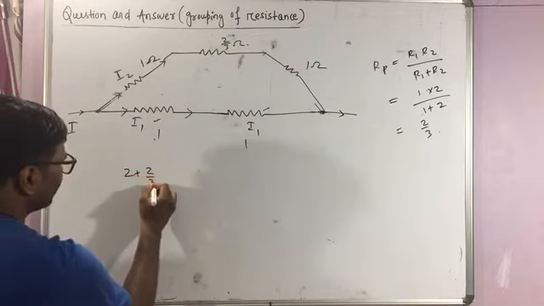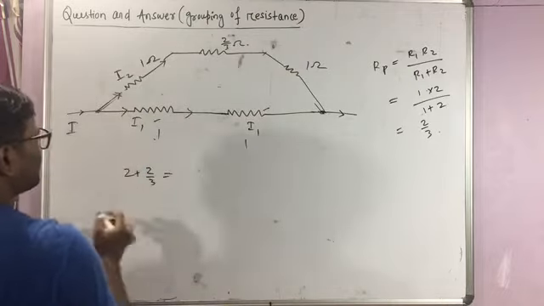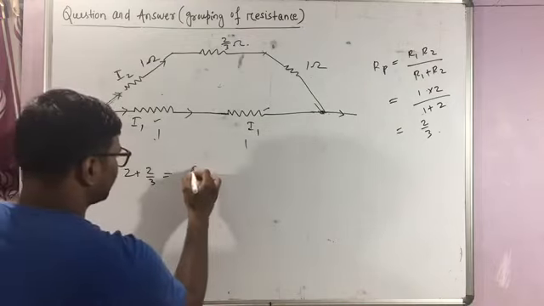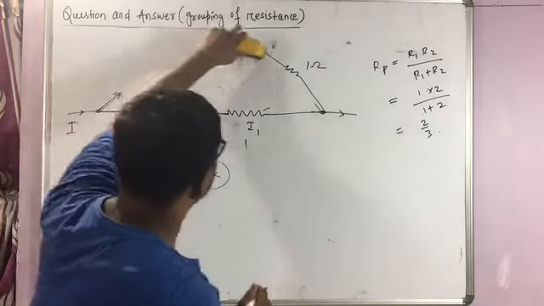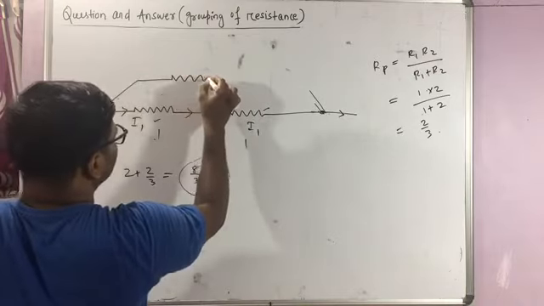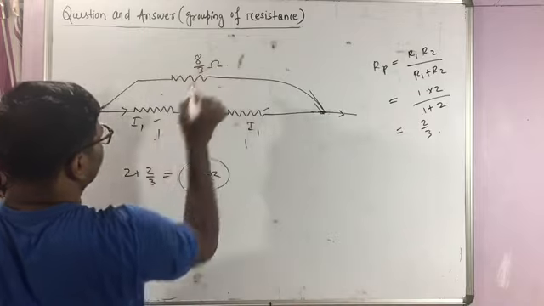So 2 plus 2 by 3 is the effective resistance of this branch. How much is 2 plus 2 by 3? 3 into 2, 6 plus 2, 8 by 3 ohm. So I can replace this branch with a single resistance of 8 by 3 ohm.